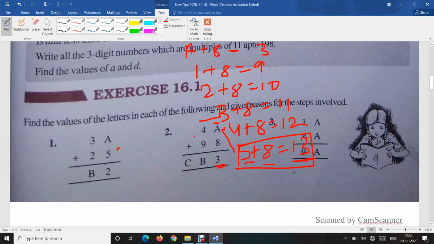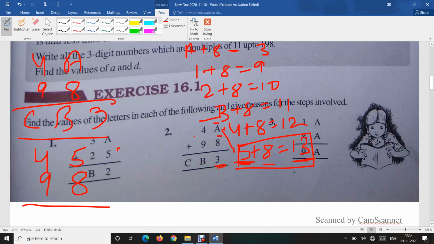So how can we solve it? See, we have 4A, 98, CB3. So replace it. We can write 5 at the place of A. Now we have 98, CB, and here we have 3.